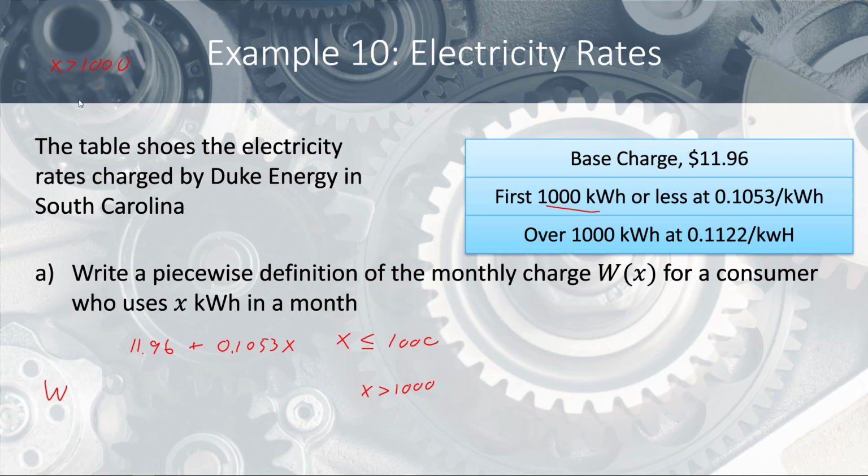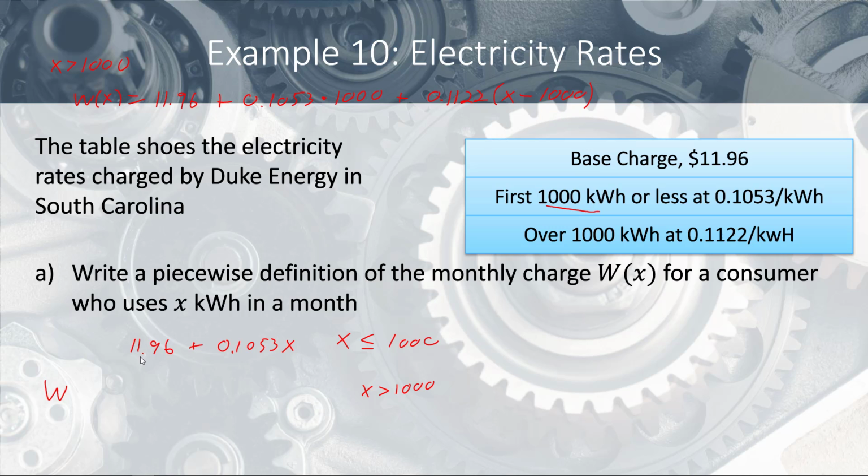So our cost is going to be 11.96 plus 0.1053 times 1,000, plus 0.1122 for every hour over 1,000. We can write that as X minus 1,000. So that would be our equation, but we cannot write it in this form.